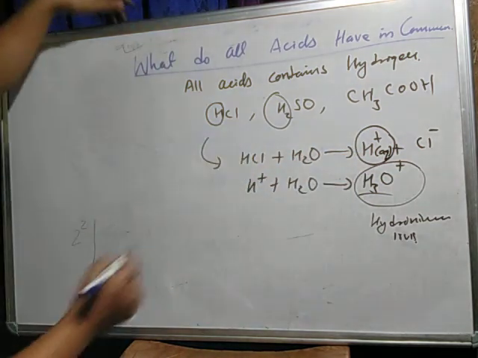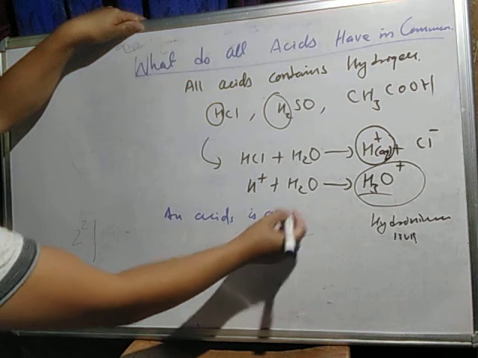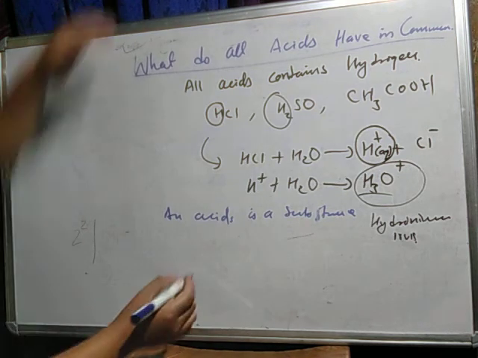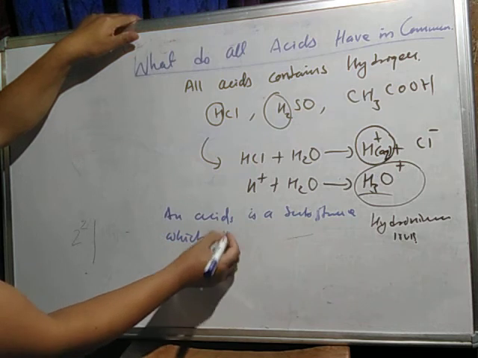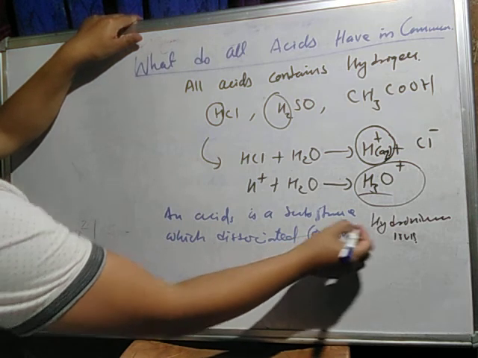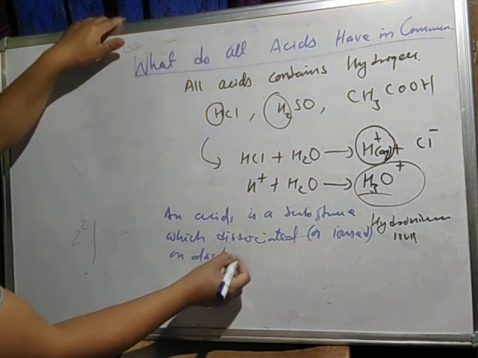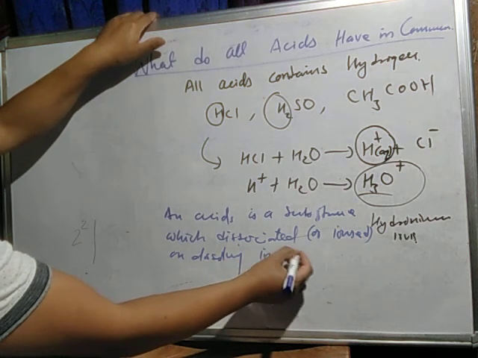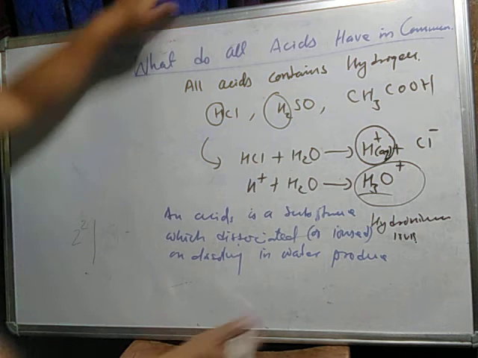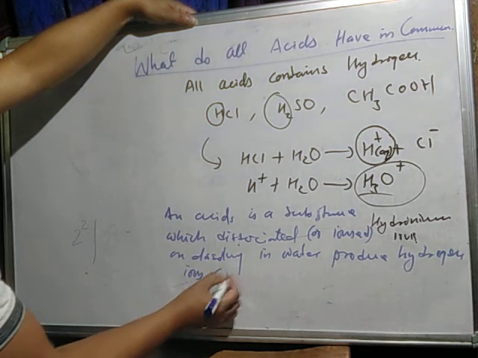So write down, an acid is a substance which dissociates or ionizes on dissolving in water, produces hydrogen ions. So that is H plus.